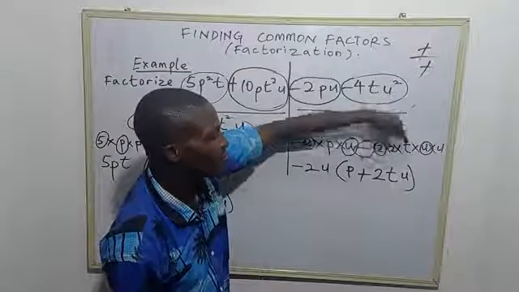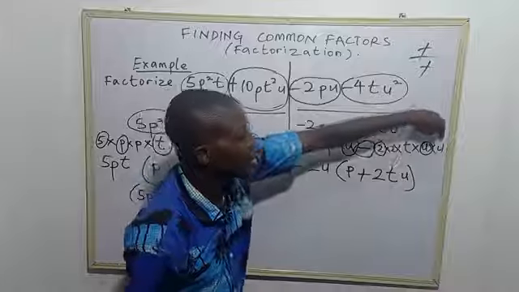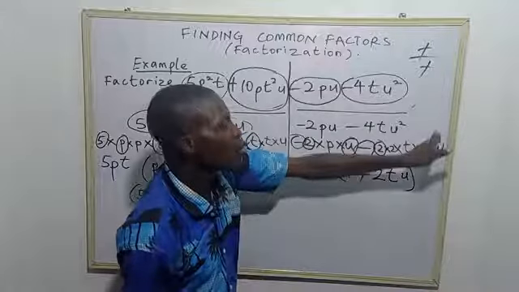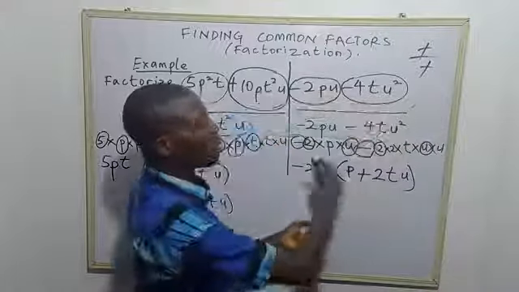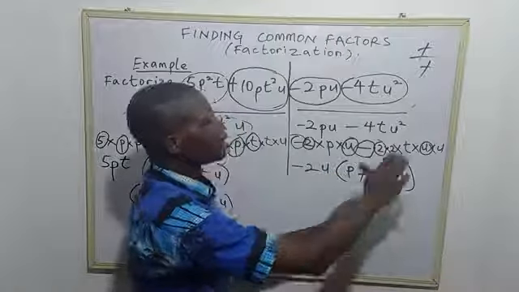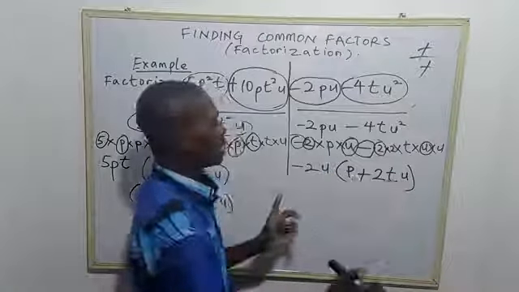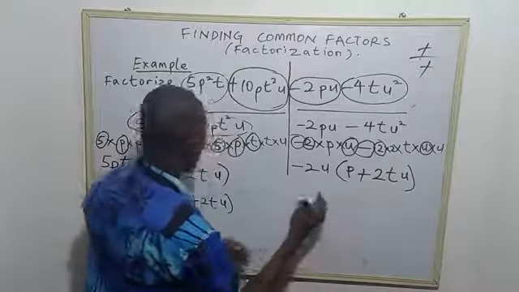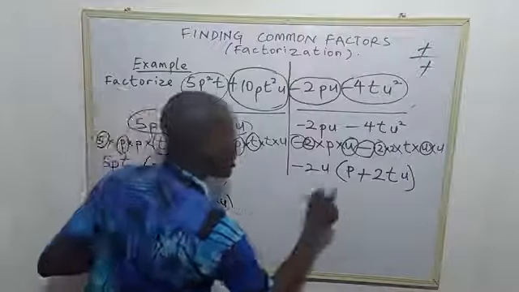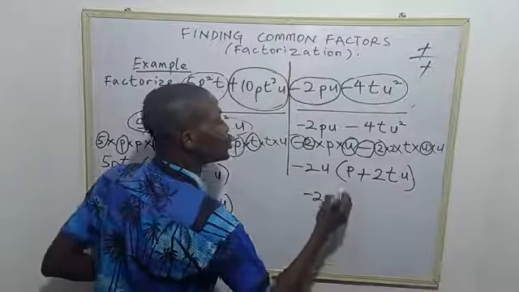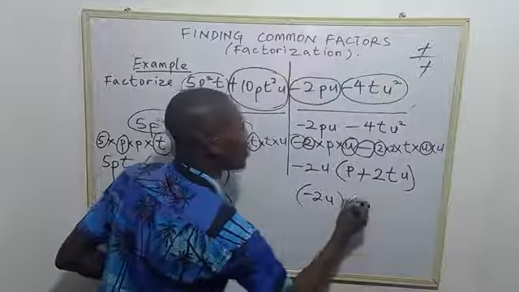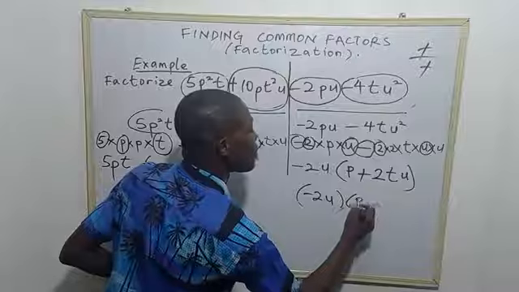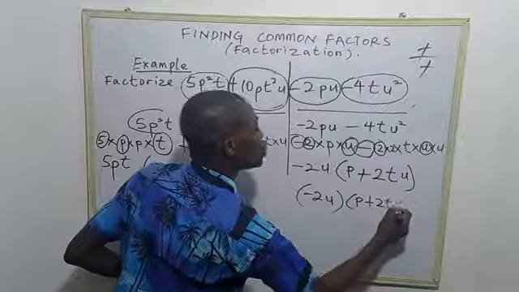The 2 is left, T is left, U is left. When we were circling all those ones that are common, those ones that were left are the ones we are writing out. Let's close it up. So we'll be having minus 2U in a bracket, open a bracket, P plus 2TU.